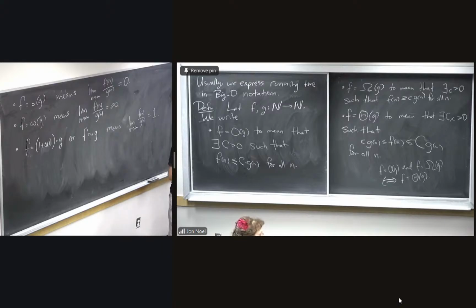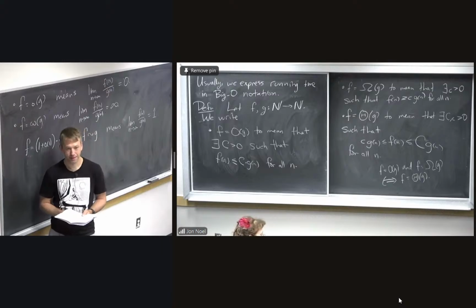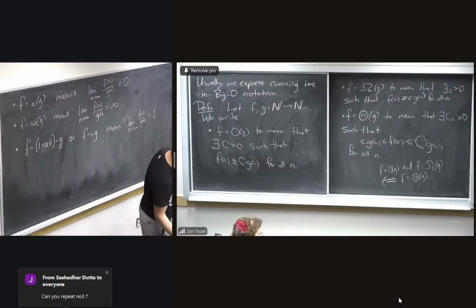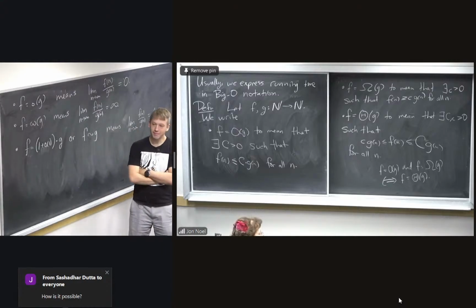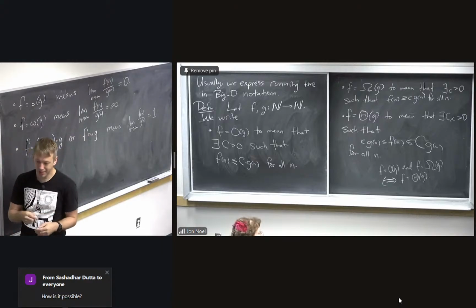For big O and big omega, is the "for all n" more of a "for some n", because in the notes it's like greater at some point? Yeah, it turns out it doesn't really matter, especially because I'm dealing with functions on the naturals.